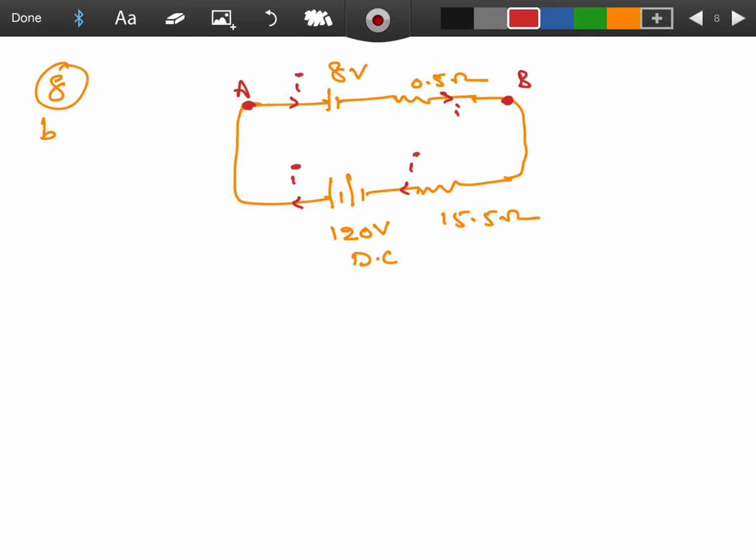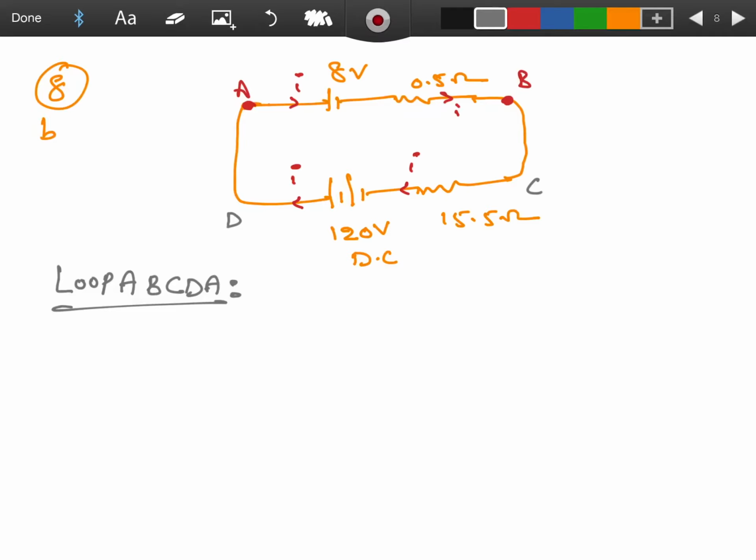Now you can use the Kirchhoff rules also. Here I'll go like this. I'll give the names and then I'll give the loop name also, A, B, C, D. I'll use the loop A, B, C, D, A. Directly I can tell, but if you have doubt, you follow this method also.